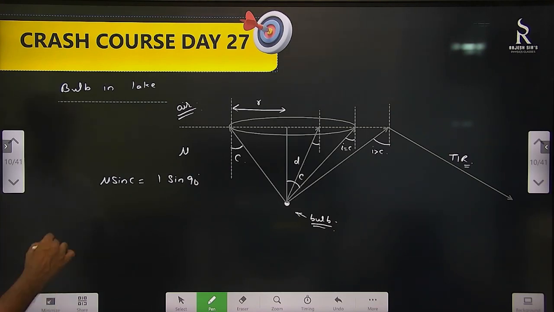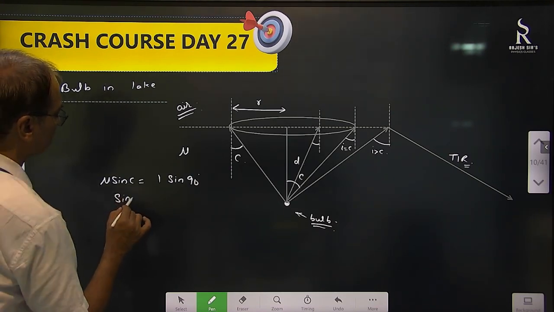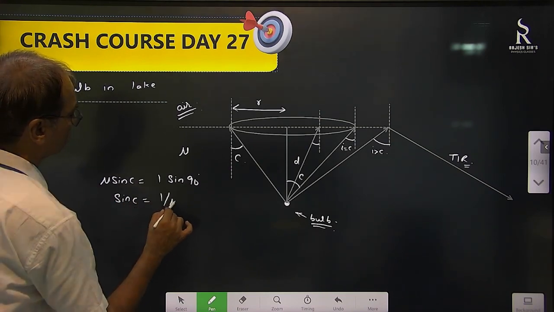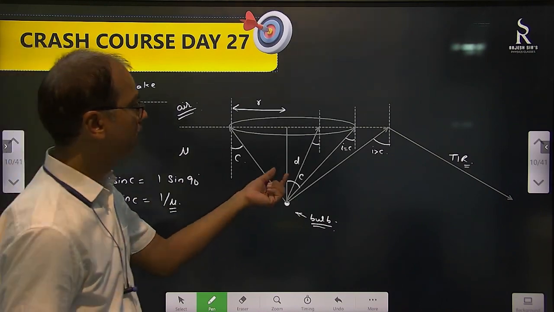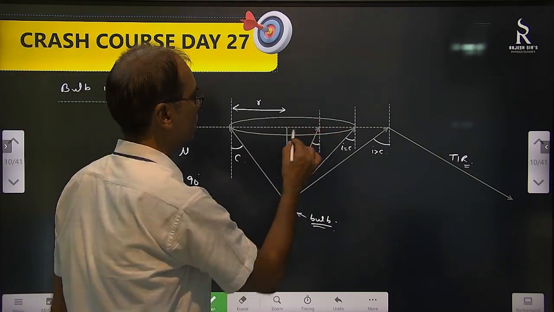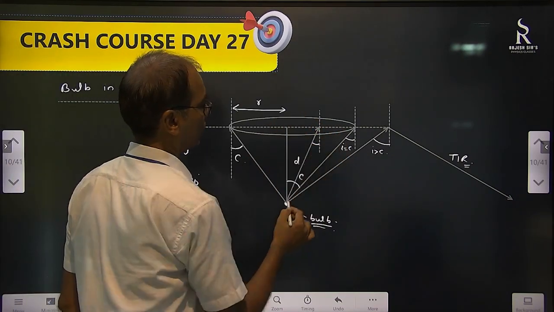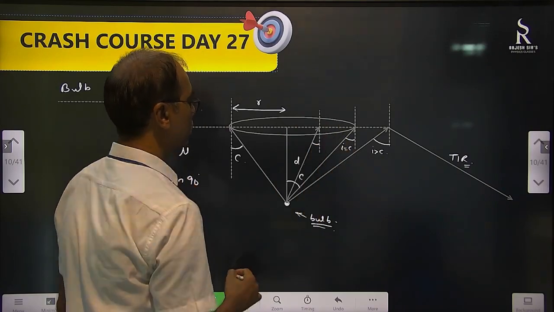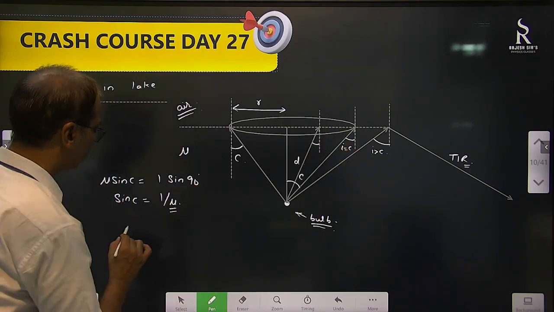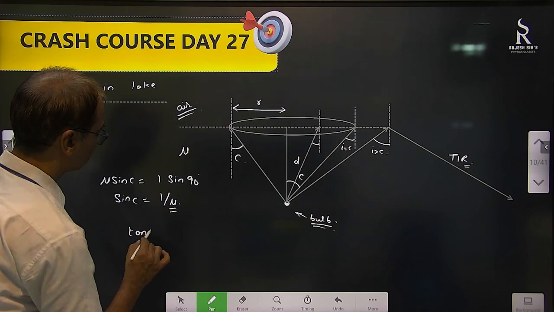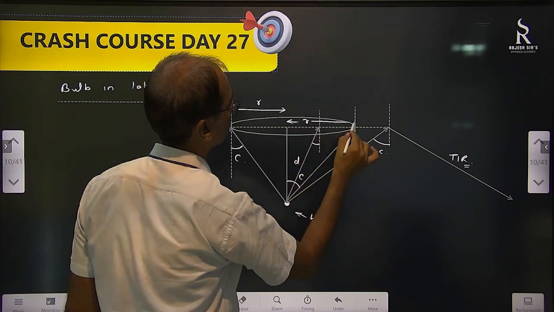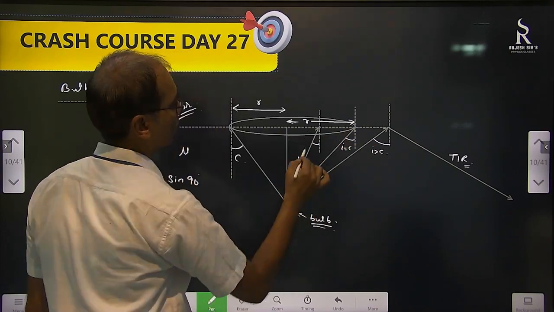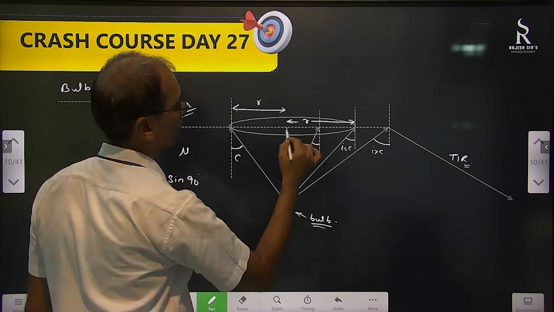So sin C equals what? 1 by mu. Now what we can do? Now this triangle is here. We can see this triangle. In this triangle we can say tan C equals R, now this is R. Tan C equals R by D.